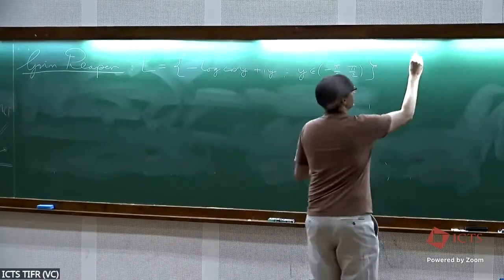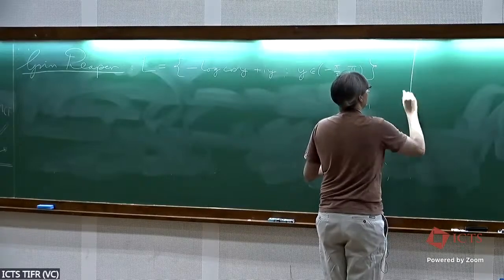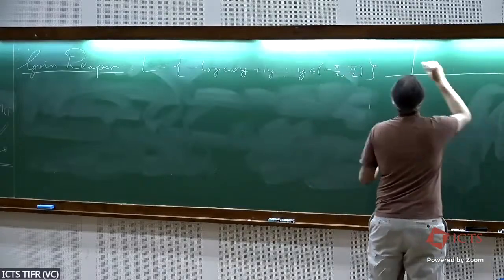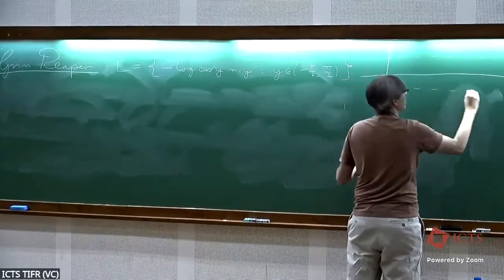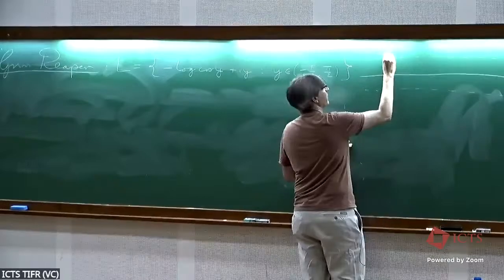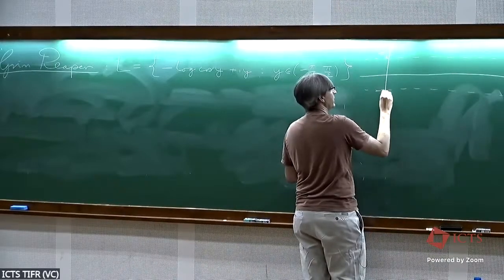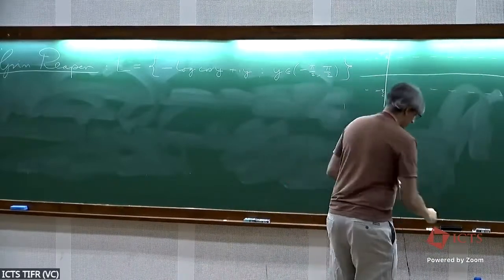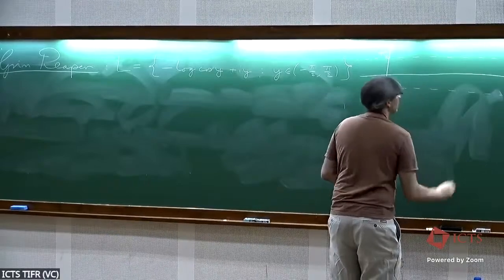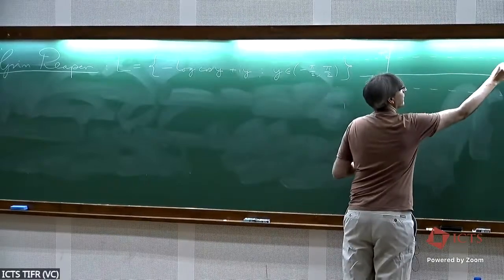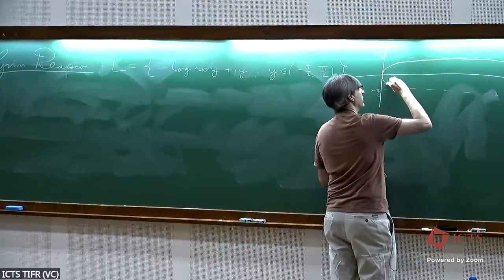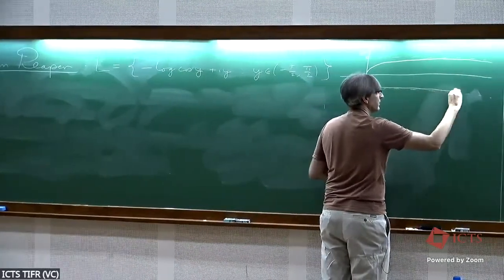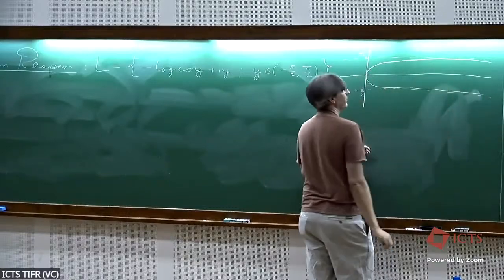Okay. So what does that look like? I've got these two horizontal lines, pi by 2 and minus pi by 2. And then I have a curve that's asymptotic to one line at one end, comes around, and then it's asymptotic to the other line at the other end. Okay.